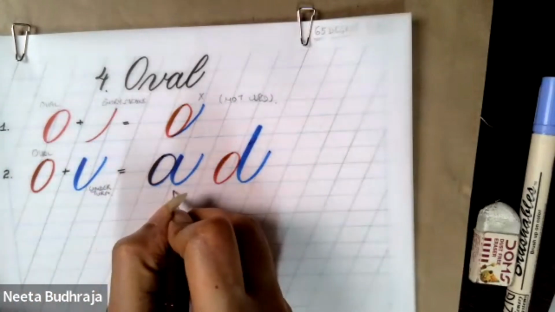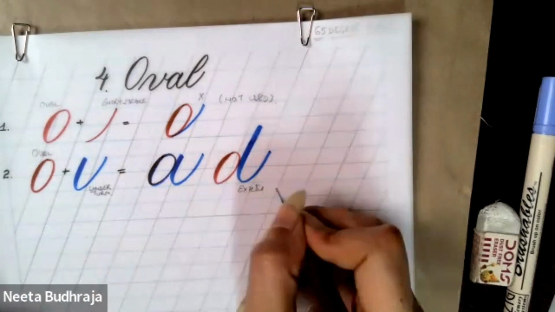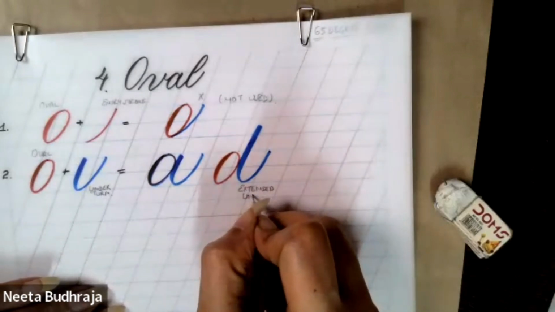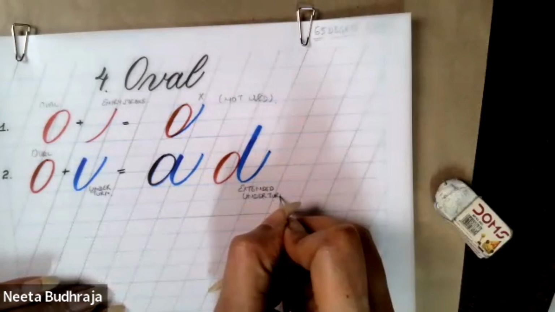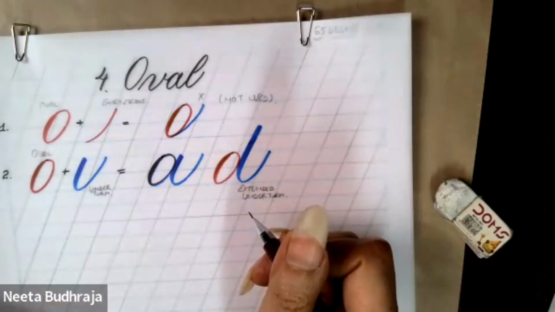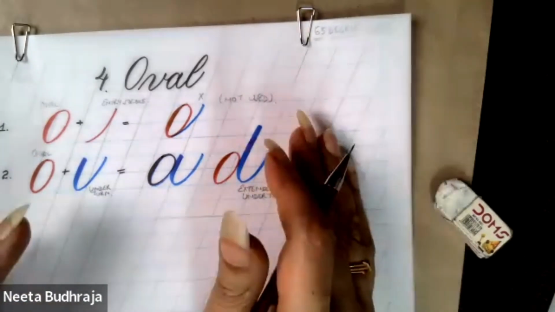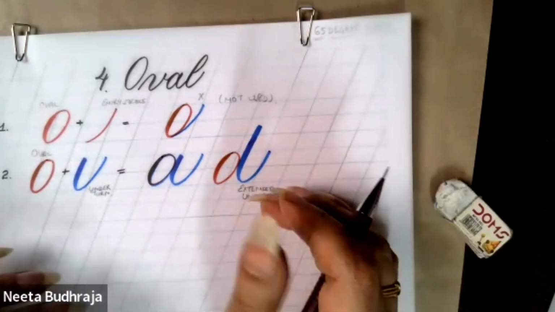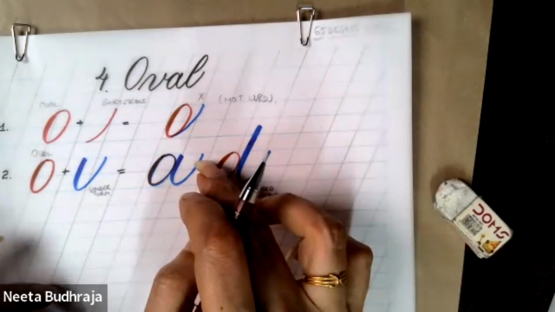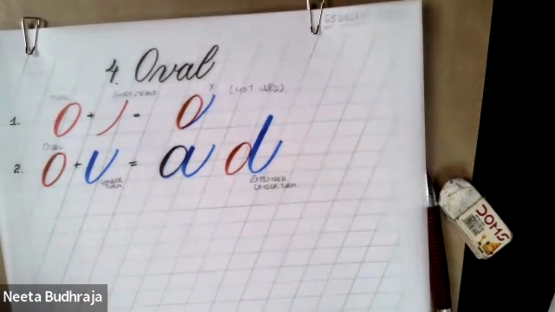This is our oval and undertone, and this is our extended undertone. And if you have any idea which other letter can be created or which other combination of letters, how to join them together, if this combination can be used in any other place, do let me know in the comments. I would like to see how many of you know.